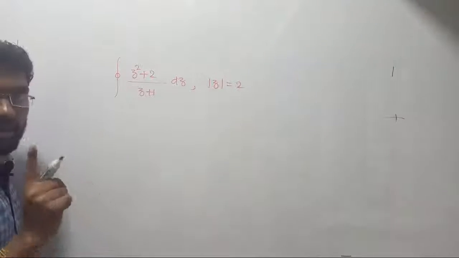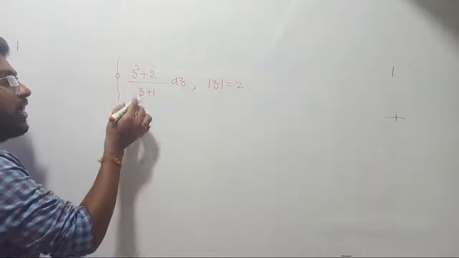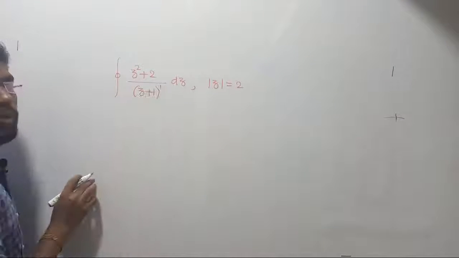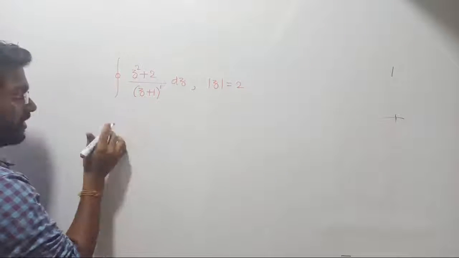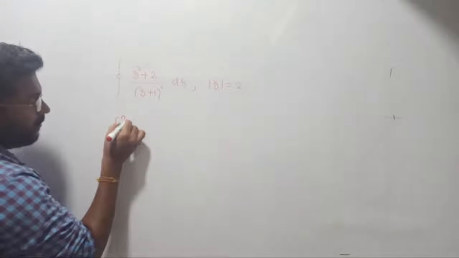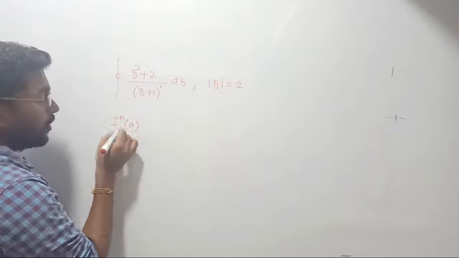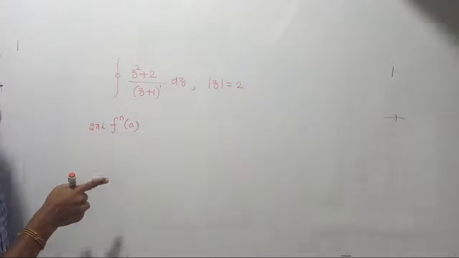Now before proceeding further, you have to understand one thing. Just notice that in the power of this function, we have only 1. Let me generalize the function. Actually, what we saw was f n of a, factorial, into 2 pi i. The answer is 2 pi i. Actually, the derivation was there for this.